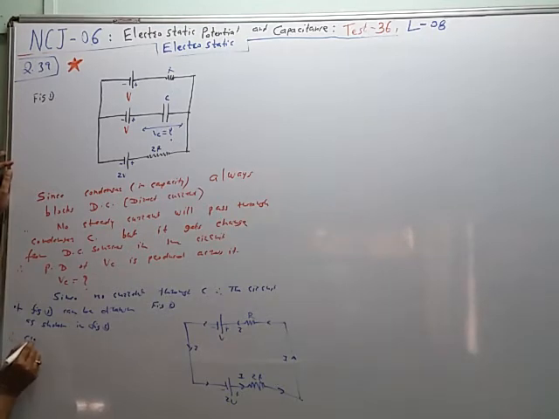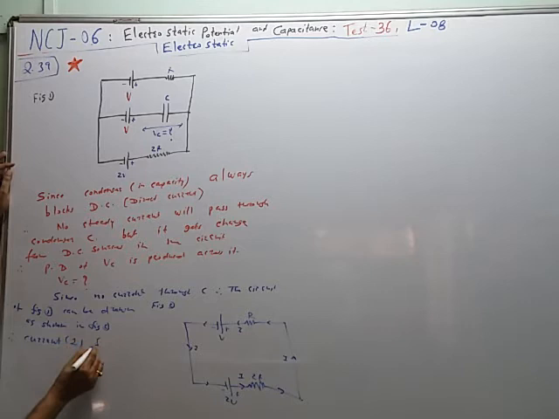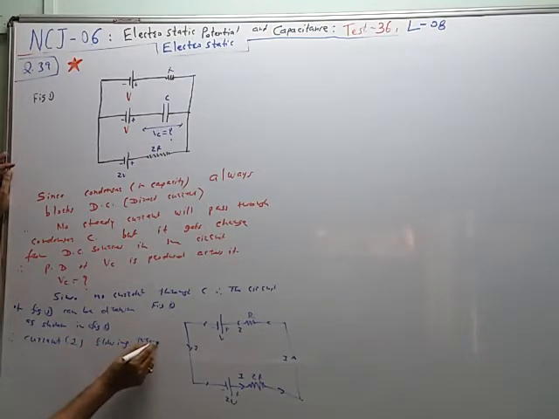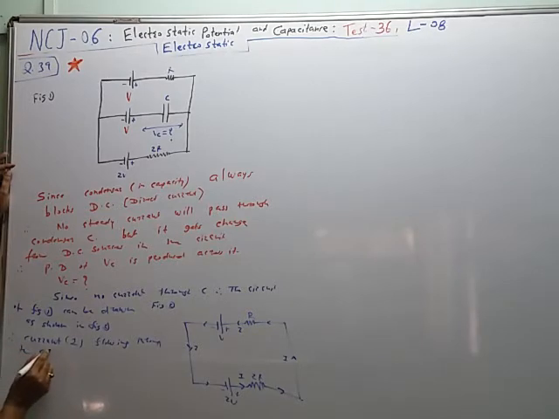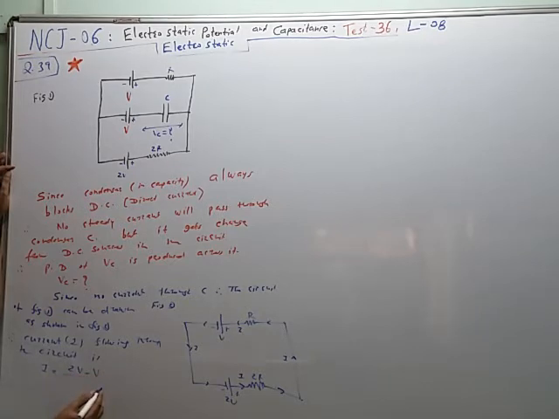Therefore, current I flowing through the circuit is I is equal to 2 times V minus V, net potential, upon total resistance, R plus 2R, which is V upon 3 times R. So this is the question mark.